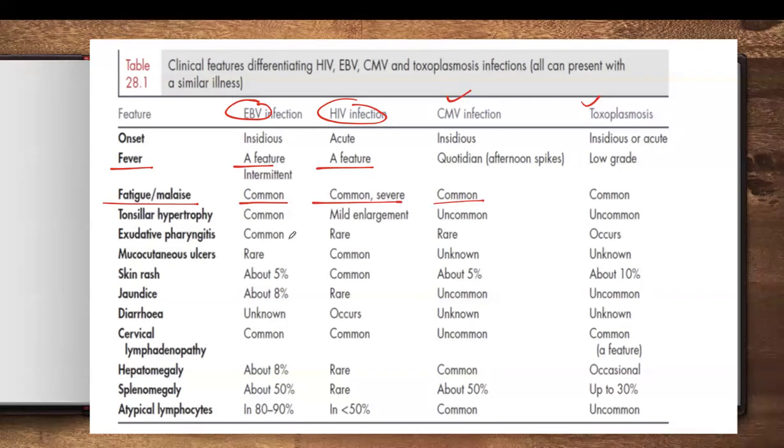But the main difference between Epstein-Barr virus and HIV is the pharyngeal erythema and sore throat. So you can see the exudative pharyngitis and tonsillar hypertrophy. These are very common in Epstein-Barr virus, whereas in HIV, it is very rare. It can be there, but it's not a very common symptom.